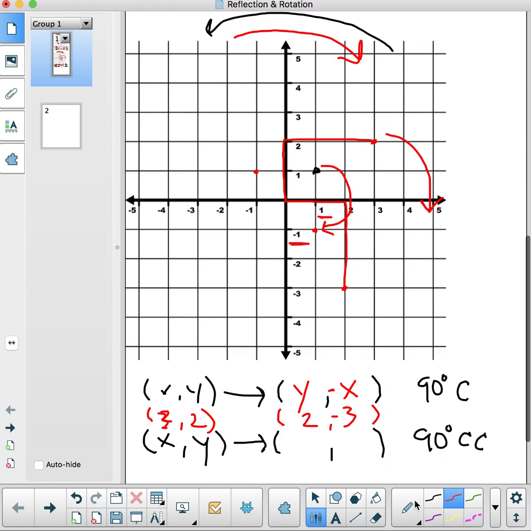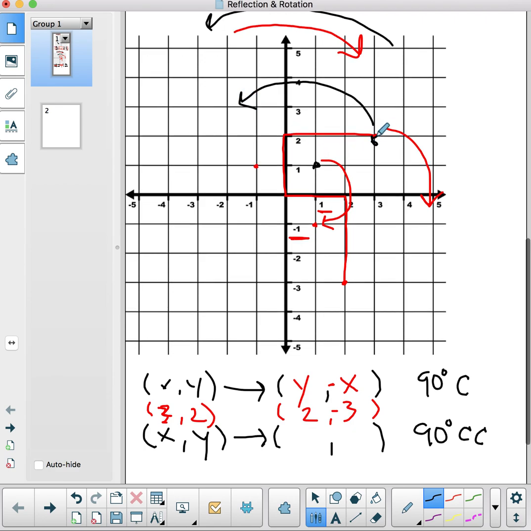Similarly, if we did this in a counterclockwise direction, right? Taking the same coordinate point, we're taking 3, 2 and rotating it in a counterclockwise direction, where the values are going to flip again.